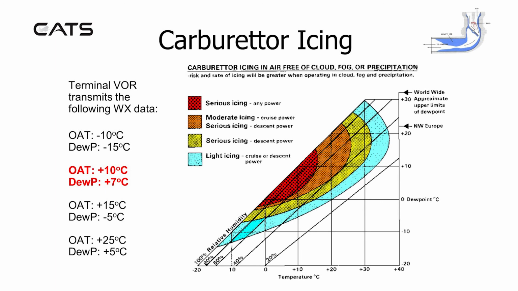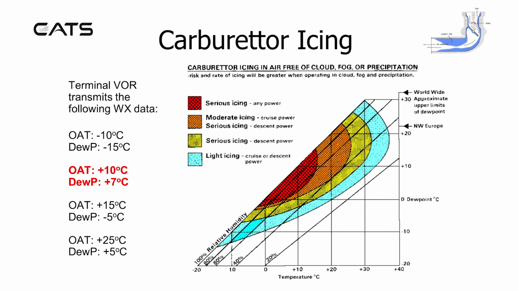You can still get serious icing on descent power, that's the yellow section, with temperatures as cold as minus 8 degrees and as warm as plus 30 degrees, with relative humidities of between around 30 to 40%.